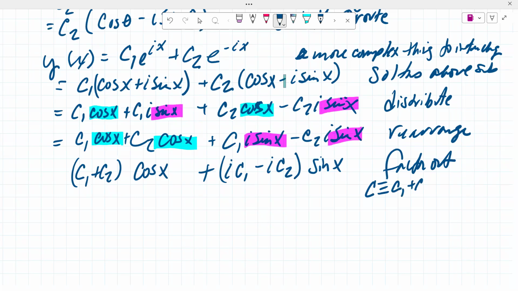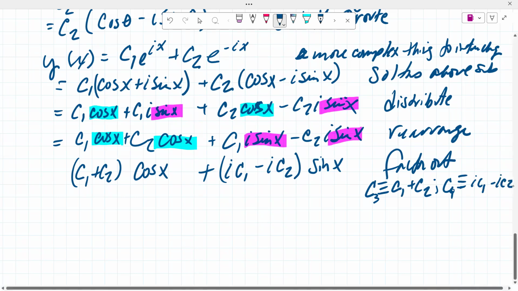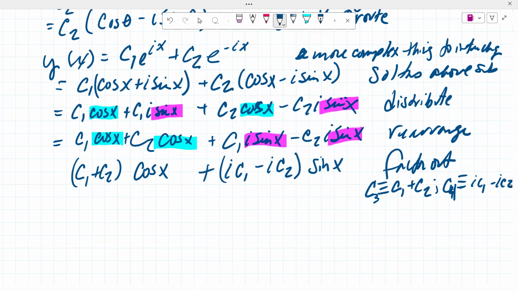So C1 plus C2 could be C3, and C4 could be defined, where the triple equal sign means defined to be, as I C1 minus I C2. That's a 4, and that's a subscript in case that's not obvious.